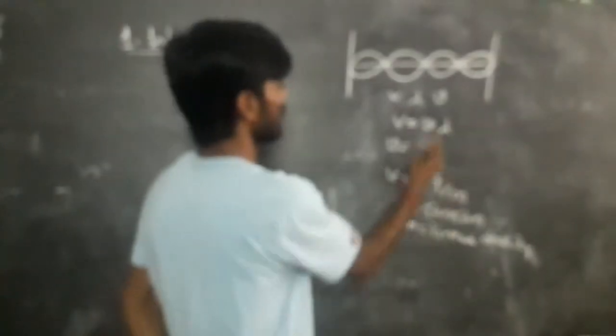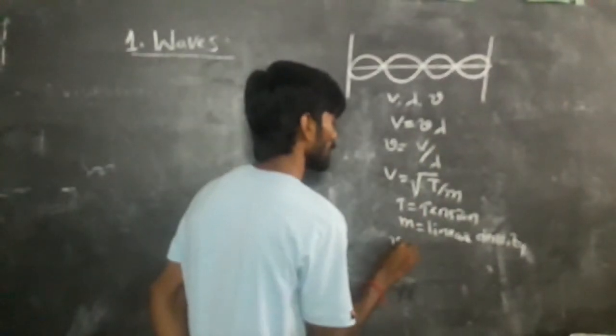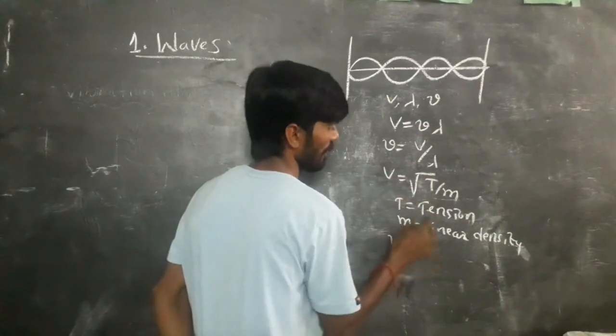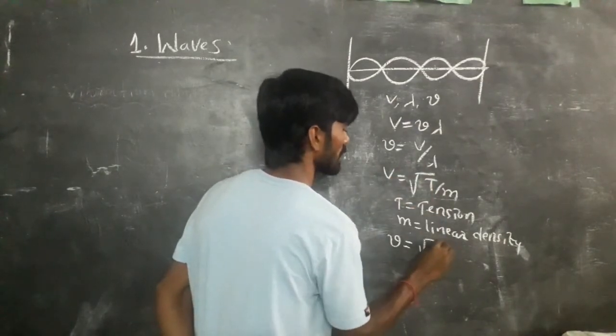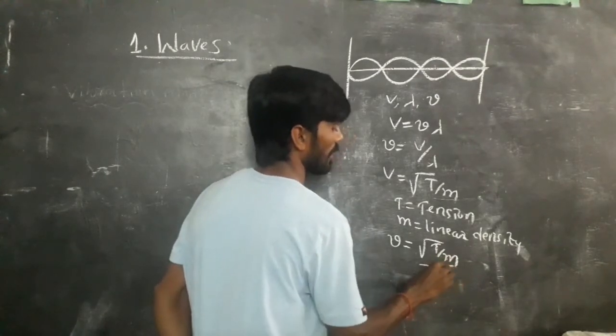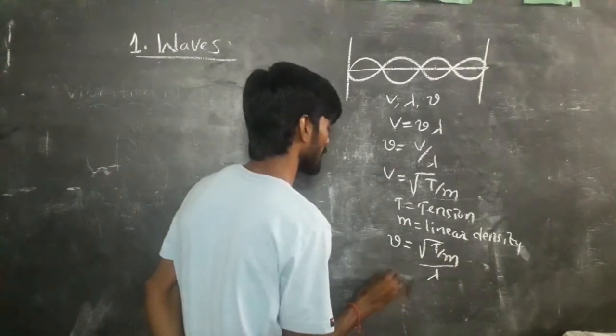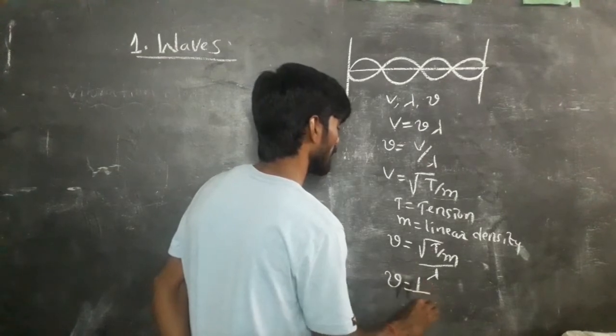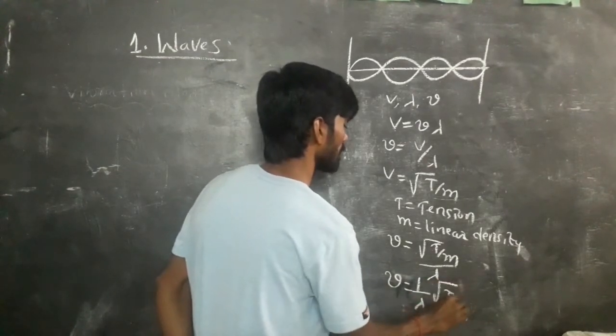So by using this, finally mu is equal to v by lambda, with v equal to under root T by m. Finally we can write once again, mu is equal to 1 by lambda into under root T by m.